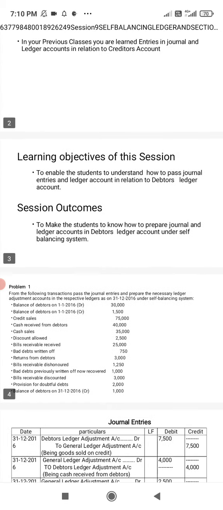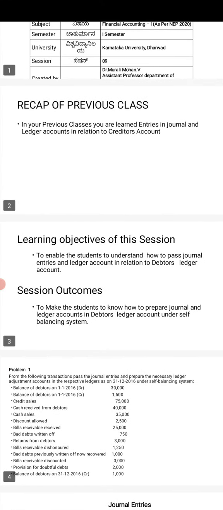So here I have quoted one problem. From the following transactions, pass the journal entries and prepare necessary ledger adjustment account in the respective ledger as on 31st December 2016 under self-balancing system.